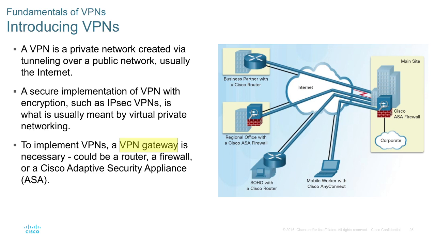But one of the other advantages with VPNs is they can also enable us to connect much smaller networks or situations. A mobile worker may connect through a VPN client on their computer to the VPN gateway, and they can still establish a secure connection and access everything as if they are inside the local network.